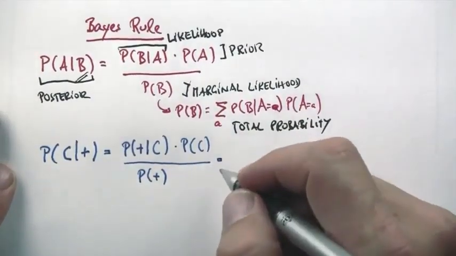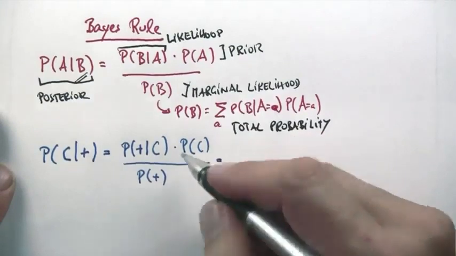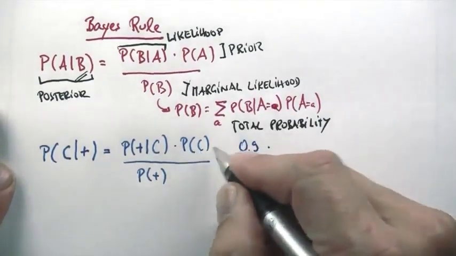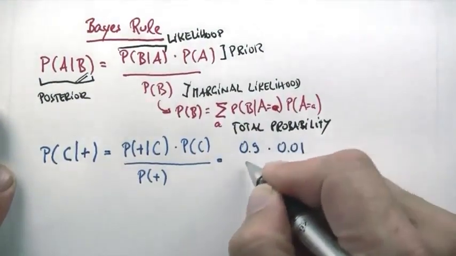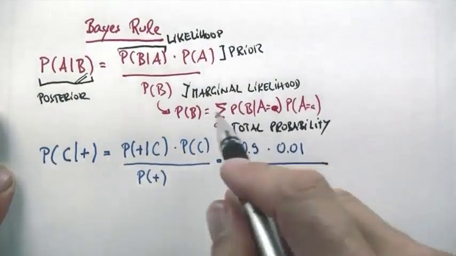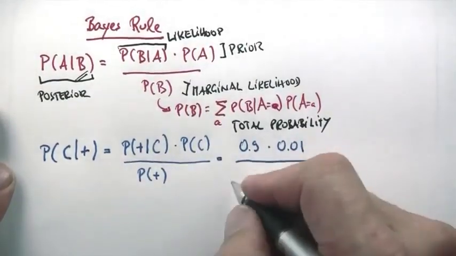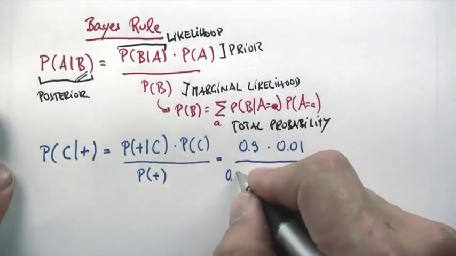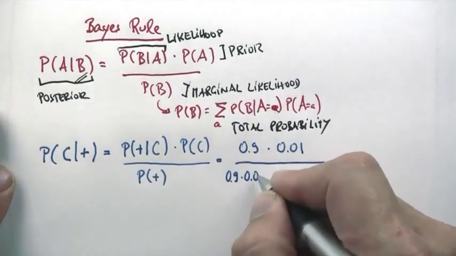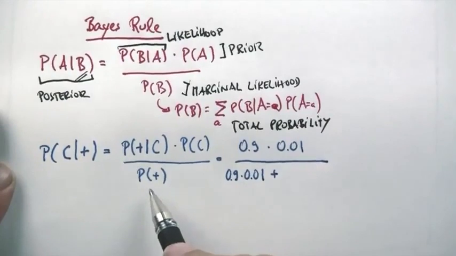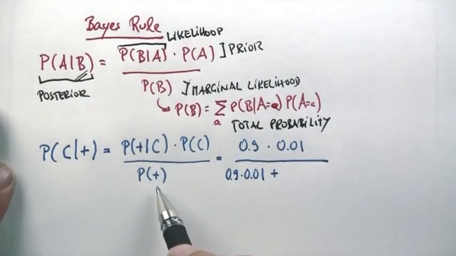And that is, according to the tables we looked at before, 0.9 times a prior of 0.01 over... Now we're going to expand this according to total probability, which gives us 0.9 times 0.01. That's the probability of plus given that we do have cancer.